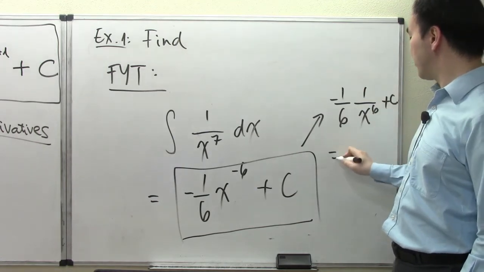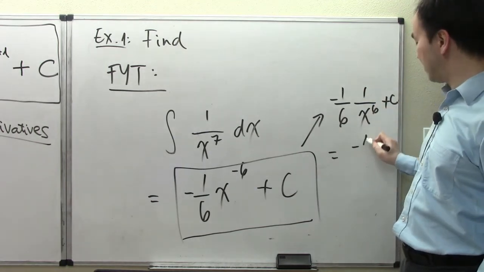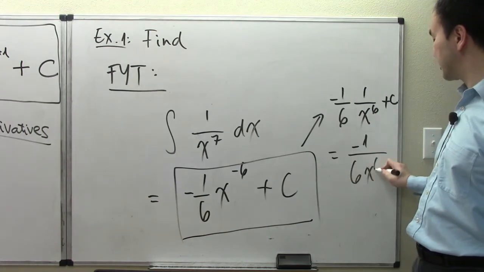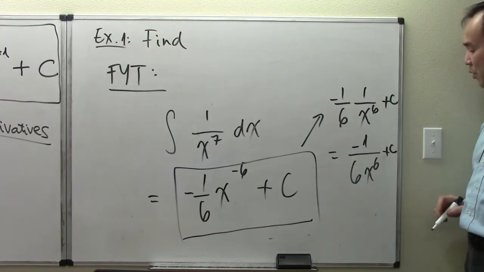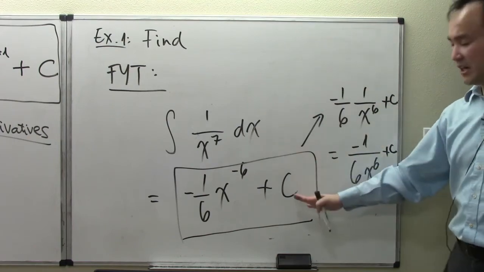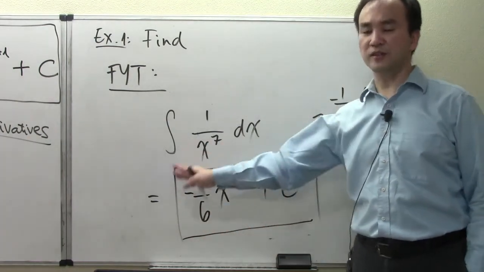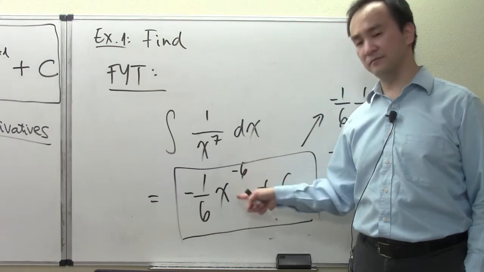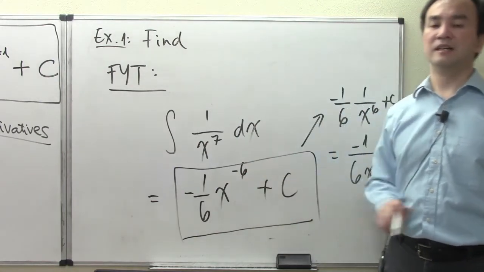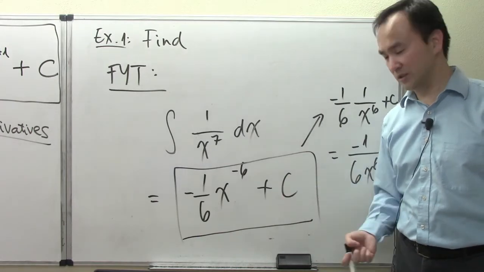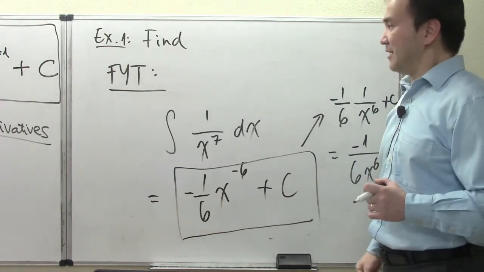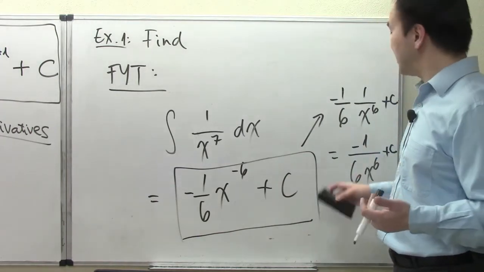Another way of writing that is negative 1 over 6x to the 6, plus c. All of these are different ways of writing that, but it's very common these days that professors allow their students to write the final answer of the antiderivatives like this, with the negative powers. All right, so that's for an FYT.